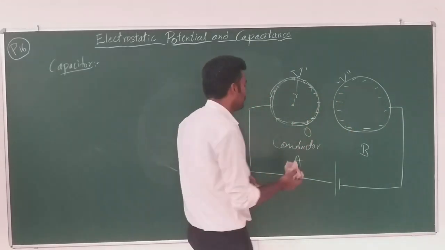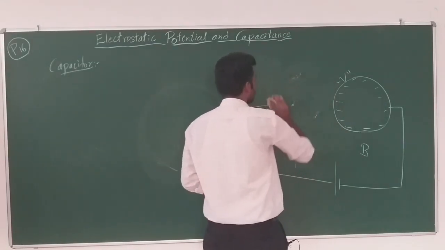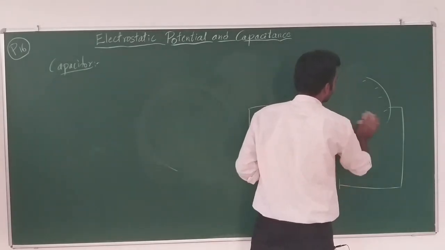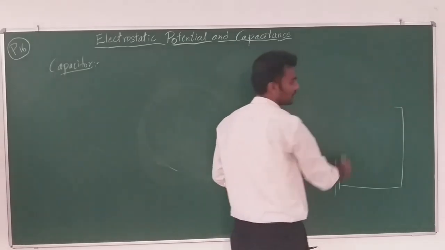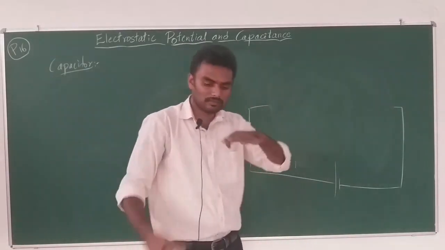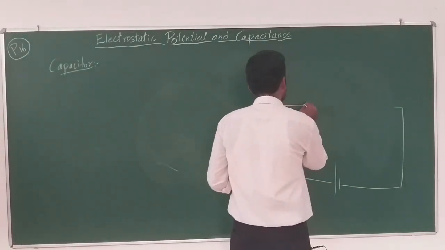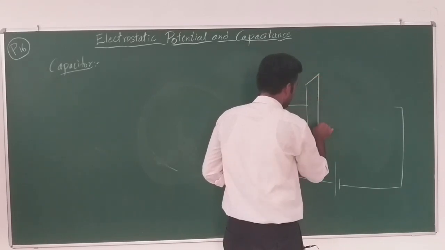Instead of choosing the metal block, the charges are anyhow stored on the surface of the conductor chosen, right? On the surface. So why worry about the shape of the conductor? Let me choose the simplest shape, which is a parallel plate.